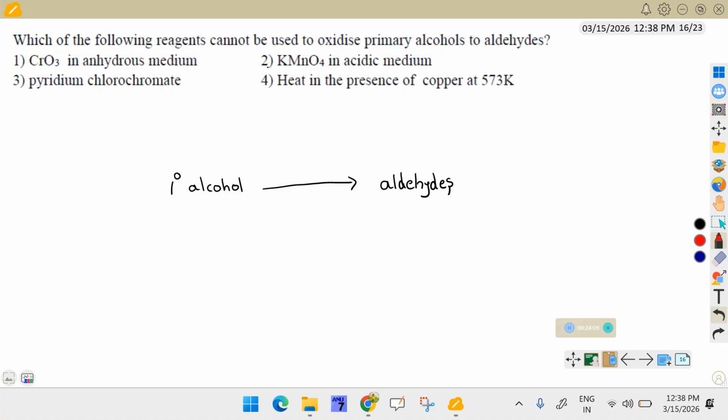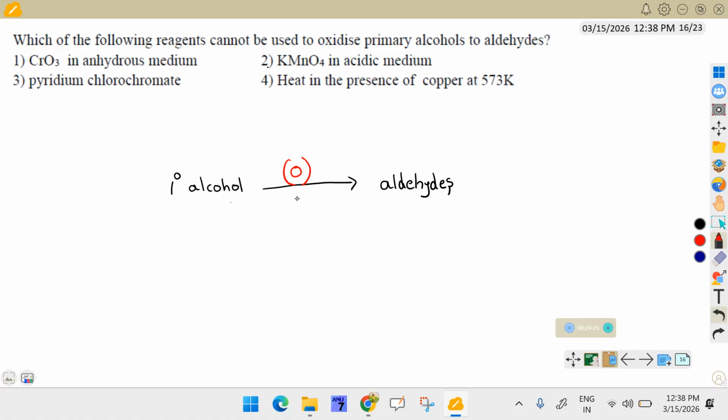The next question: which of the following reagents cannot be used to oxidize primary alcohols to aldehydes? We know that alcohols are converted to aldehydes by partial oxidation.